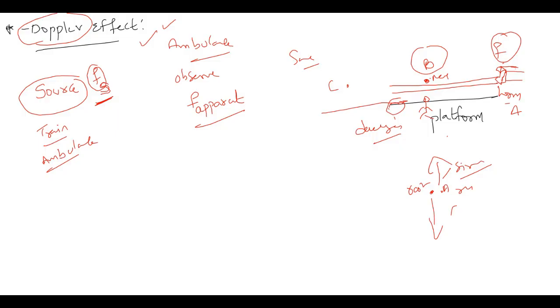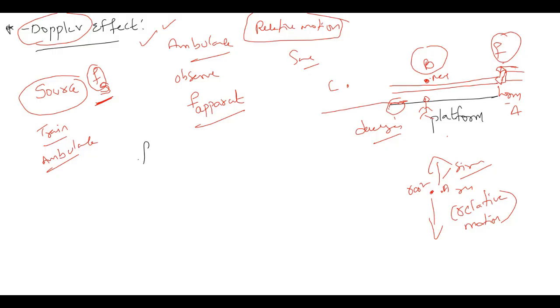So we call it relative motion. Due to relative motion, we hear the apparent frequency of the sound rather than the original frequency. So what is the important concept here? Relative motion. So we can remember the formula.